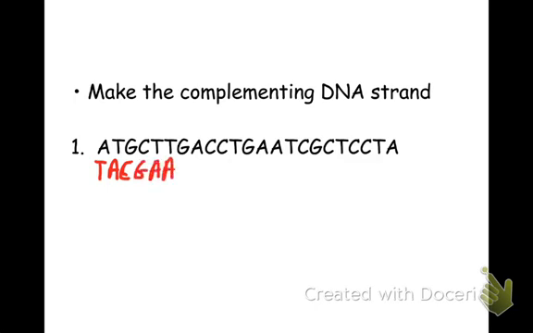So we can write the complementary strand below that piece of DNA. And this is basically what happens when we copy our DNA. We are looking for that complementary strand.